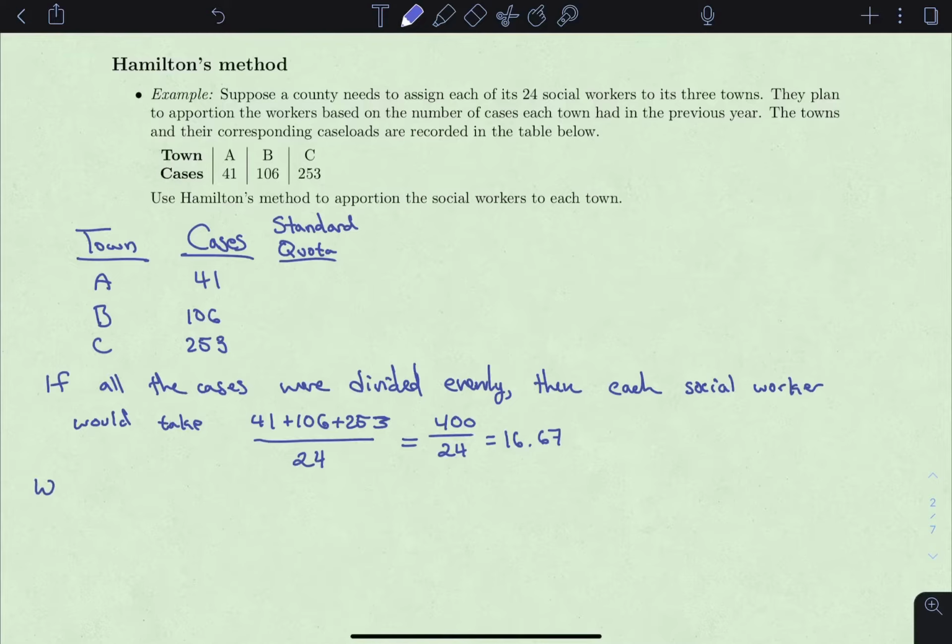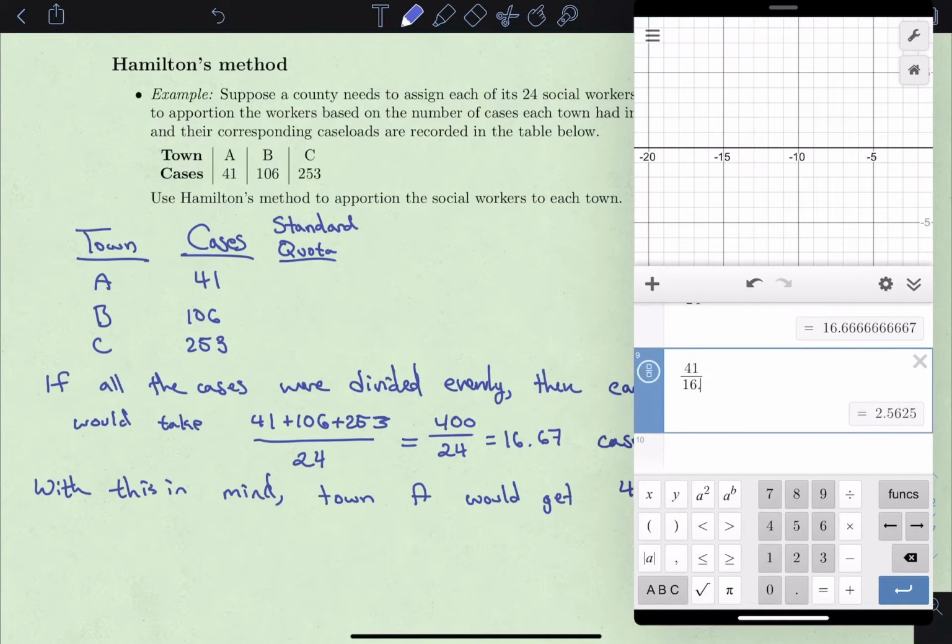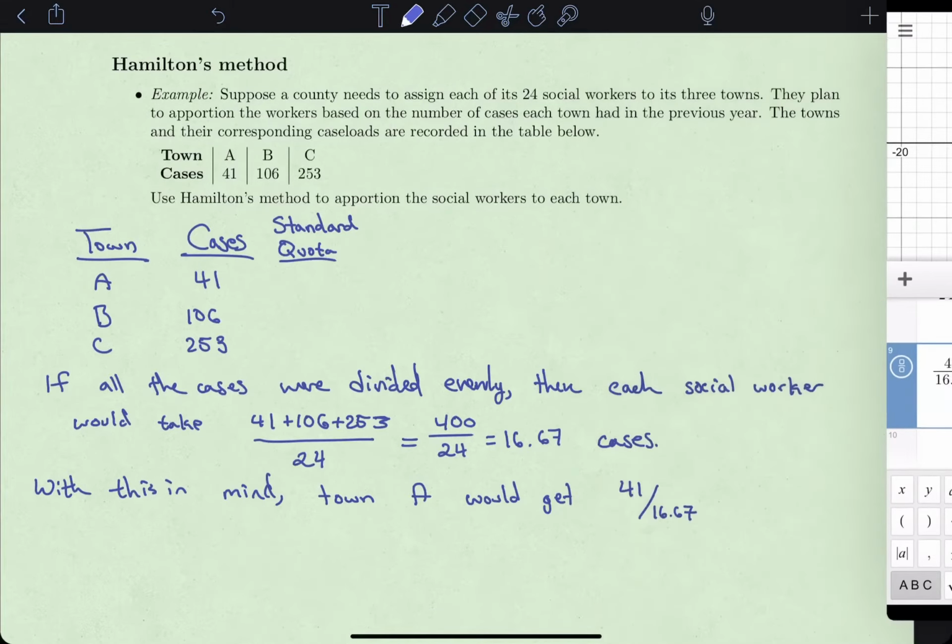So with this in mind, Town A would get, so they have 41 cases, and we'll divide that by the 16.67 cases per social worker to get how many total social workers the town should get. 2.46.